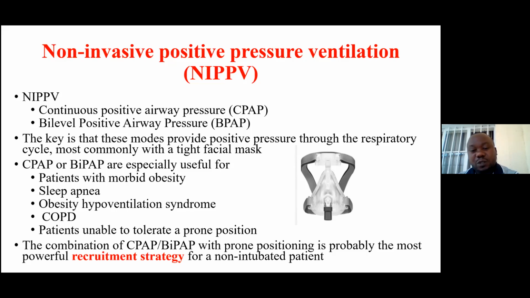When you are in a supine position, there is pressure or weight of the heart on the lungs, and the lungs don't have room to expand. But when you have the proning position, you are freeing your lung to expand on the back. And when you put on a CPAP or a BiPAP, there is room for expansion, and then the alveoli will be more and more opened. Next, please.